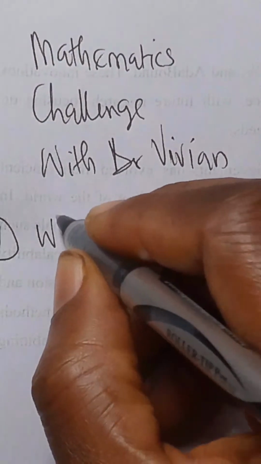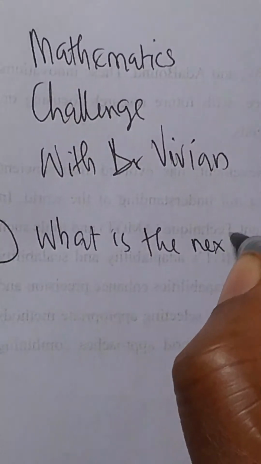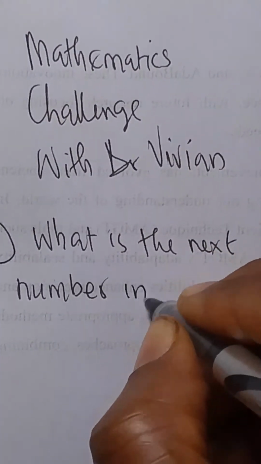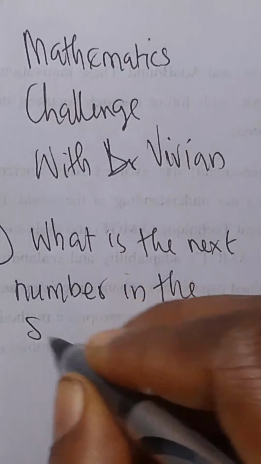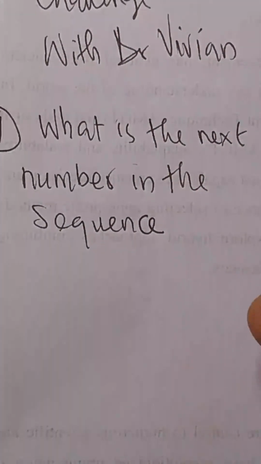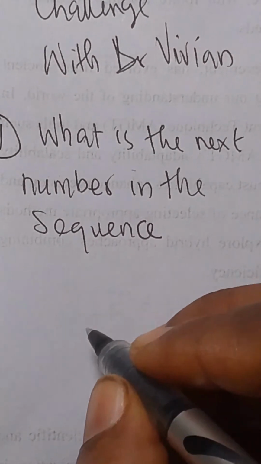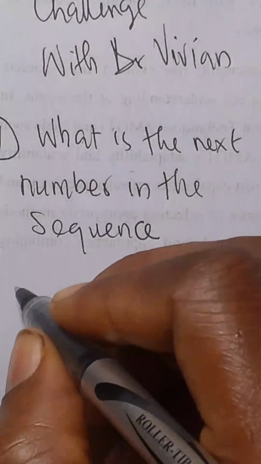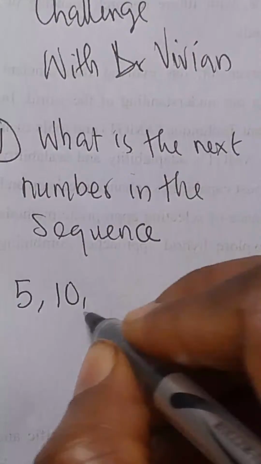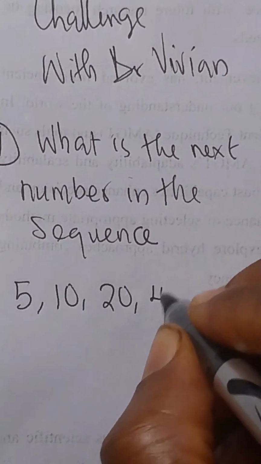What is the next number in the sequence? 5, 10, 20, 40.